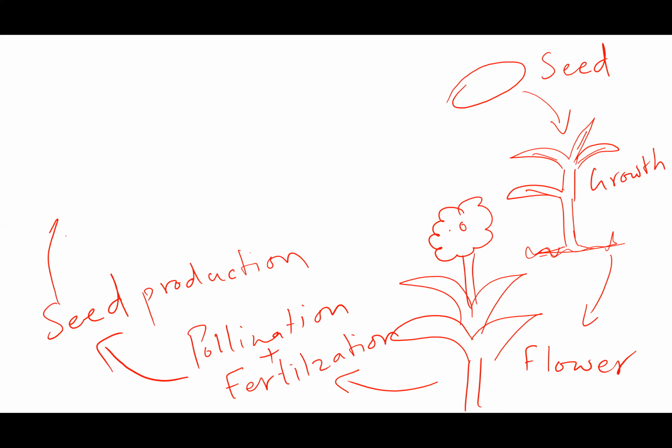Now, after the seeds are produced in a fruit or a bean pod, these seeds need to be dispersed. So a very important process, the dispersal of seeds, takes place after this. And what is dispersal?